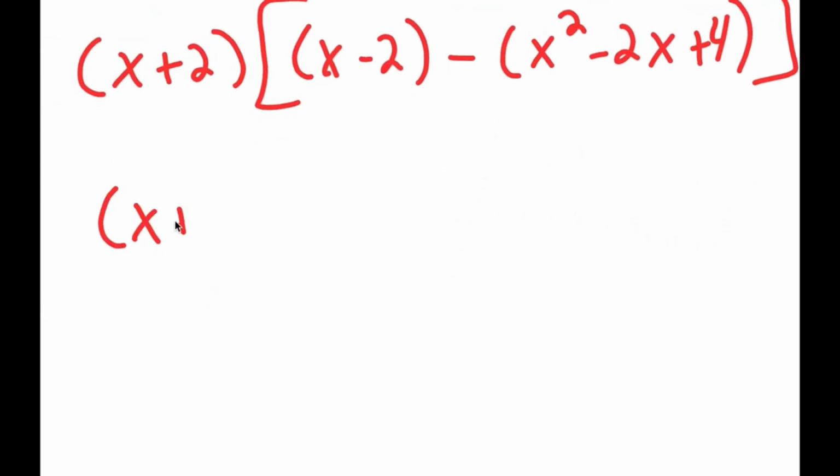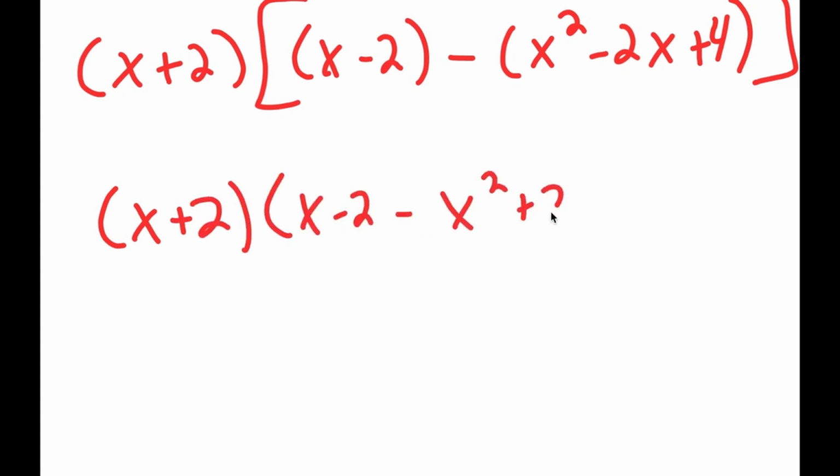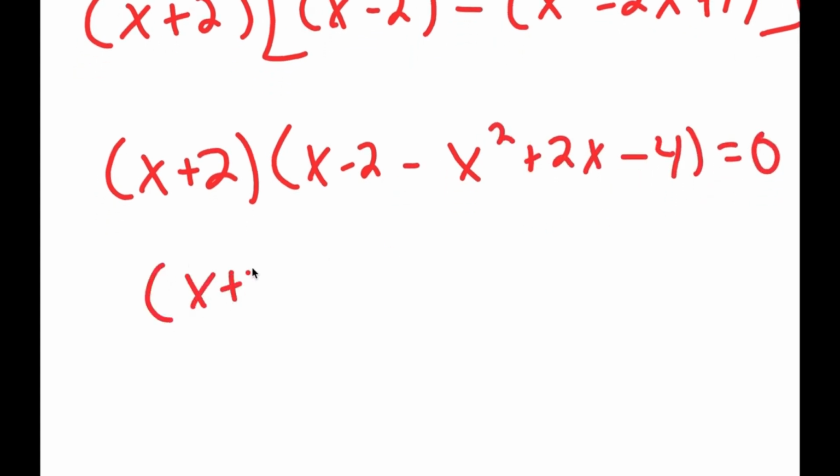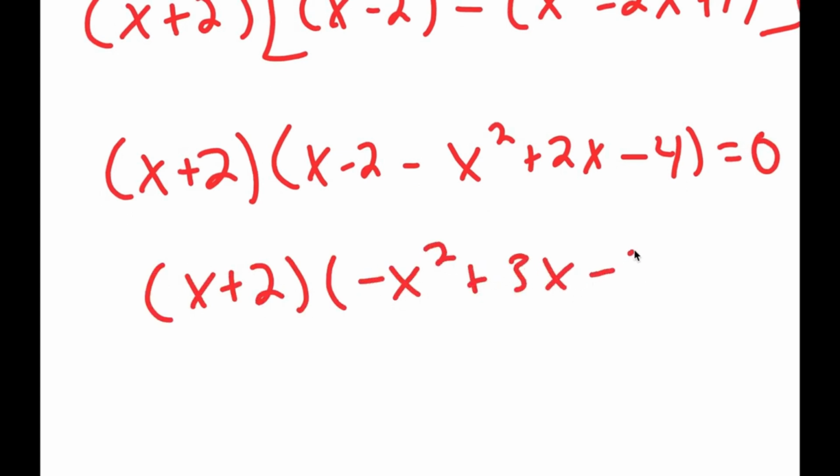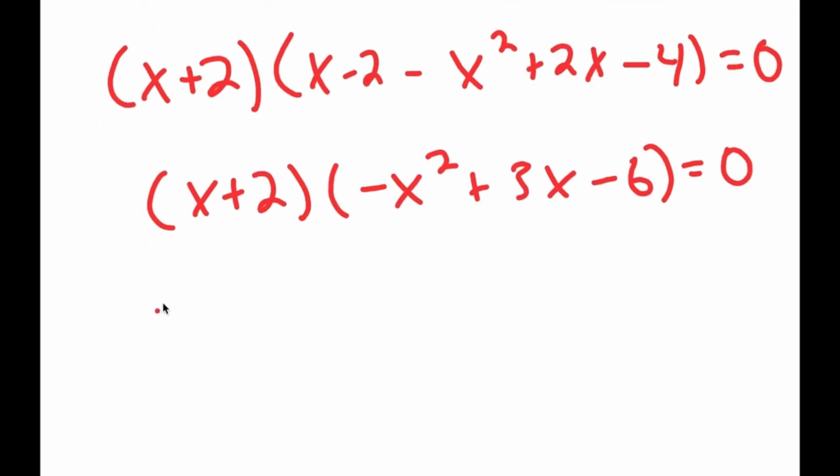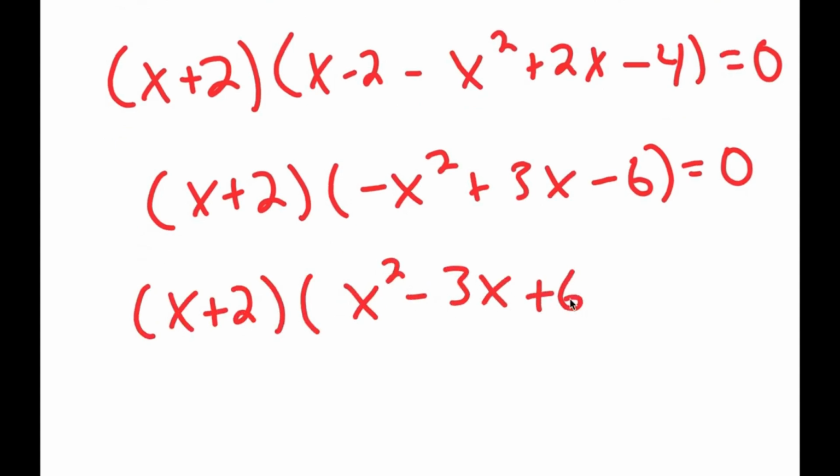And this turns into x plus 2 times x minus 2 minus x squared plus 2x minus 4 is equal to 0, which equals x plus 2 times negative x squared plus 3x minus 6 is equal to 0, which turns into x squared minus 3x plus 6 is equal to 0.